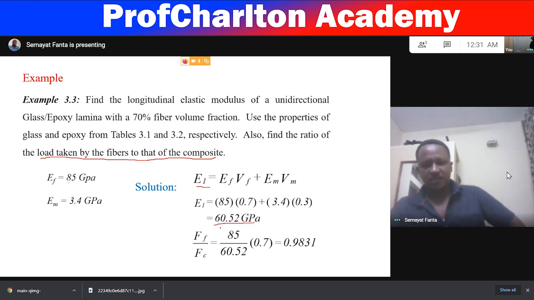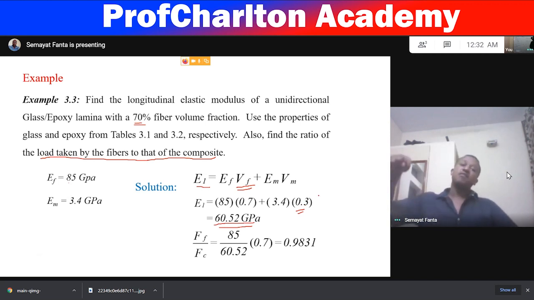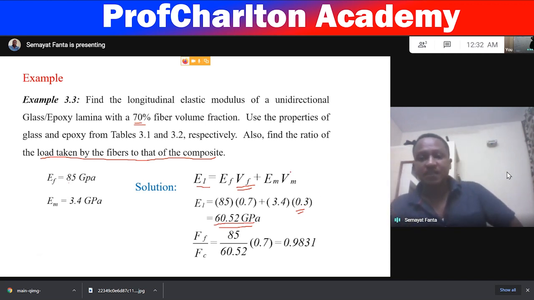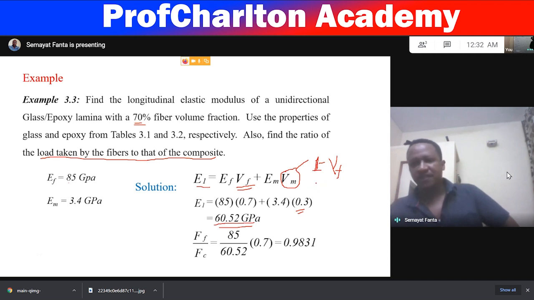E1 is calculated using the volume fraction of fiber, because once the fiber volume fraction is given as 70%, the volume fraction of matrix is obviously known: 1 minus the volume fraction of fiber. So if the volume fraction of fiber is 70% or 0.7, then this is obviously 0.3.